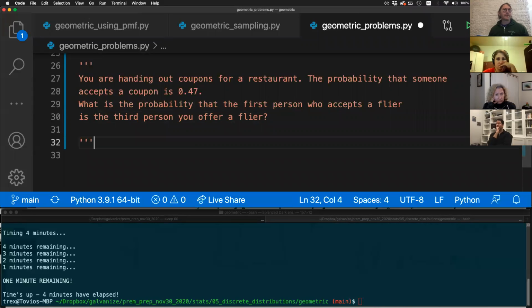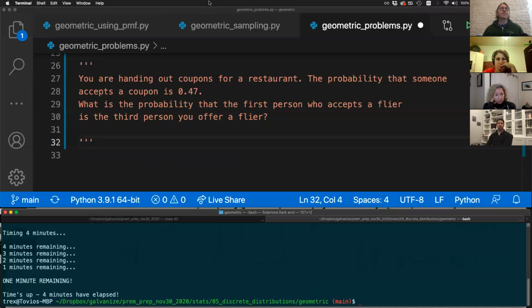Let's take a minute on this and show the form of this for inclusive equals true and for inclusive equals false. I'm going to set a 1 minute timer for you to answer this.